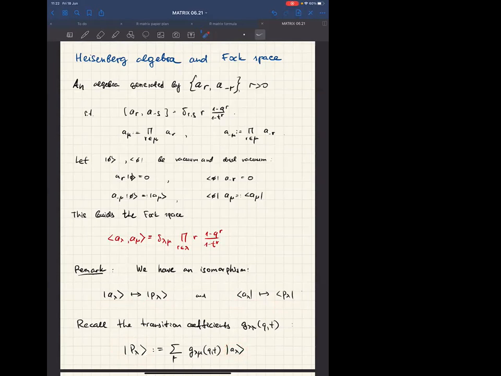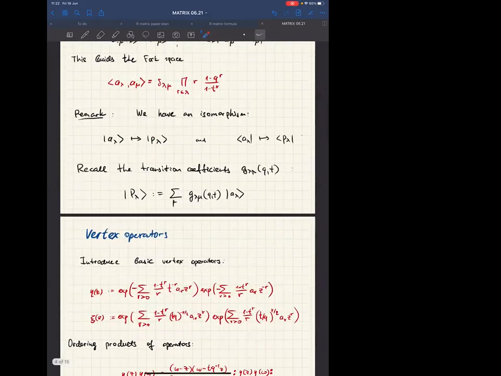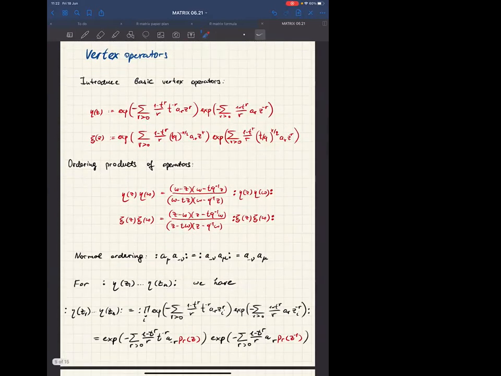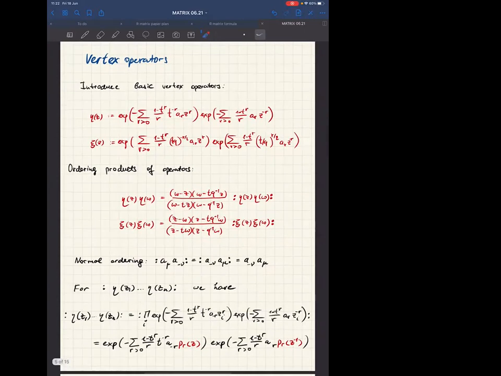So I would like to use this picture, the Heisenberg picture, in order to discuss Macdonald operators. In the Heisenberg picture, I will be able to discuss several Macdonald operators on the same footing. In order to do that, I need to introduce vertex operators. There are two basic vertex operators, which are built in a special way.